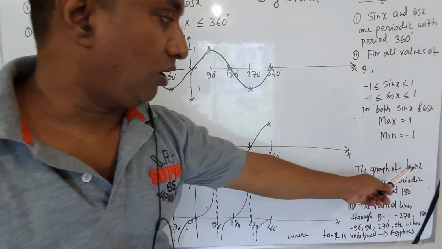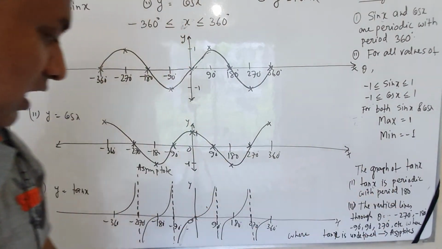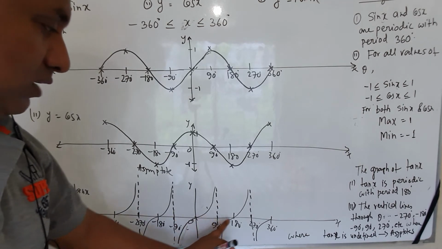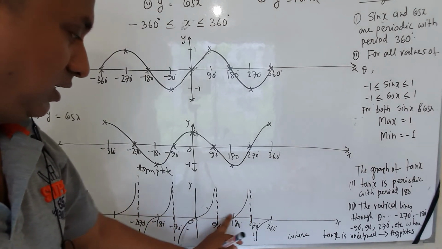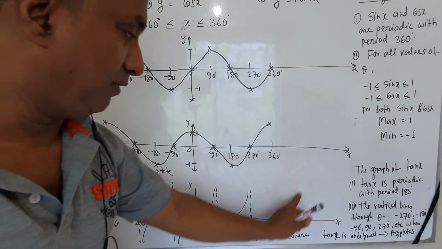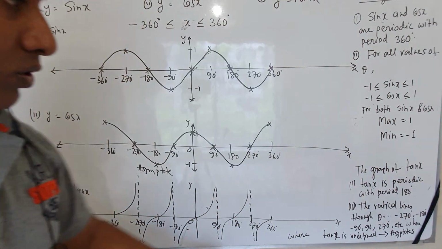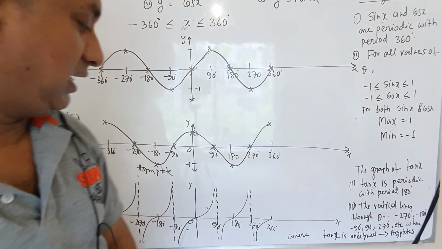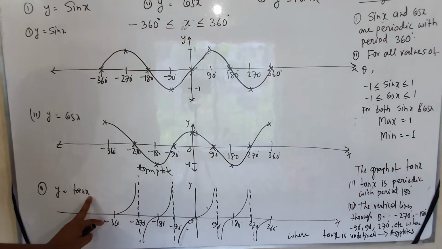The graph of tan x is periodic after 180. Check here, this is one graph, from minus 90 to 90, then 90 to 270. This is 180 from one, and it repeats again. So tan x is periodic with period 180. And if I put here minus 90, it shows a maths error, minus 270, maths error.